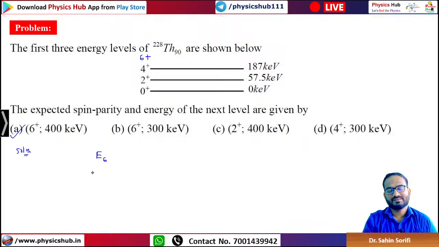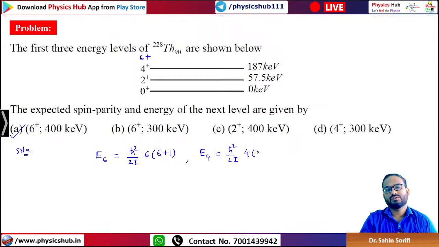So E6, if you want to know, already we know E4. So E6 is equals to h cut square by 2I into 6 into 6 plus 1, and E4 is h cut square by 2I, 4 into 4 plus 1. This is given to you, 187 keV.